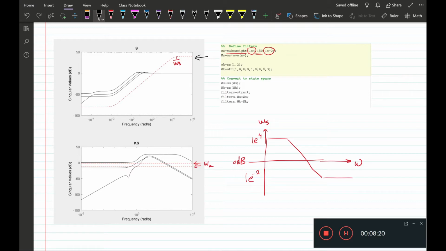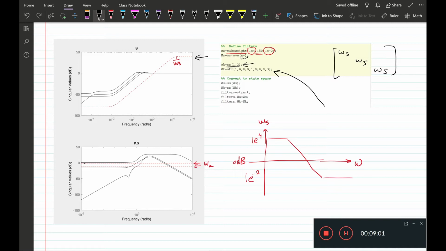Now because we have 3 channels, the output is of size ny, and so is the error. So we have to use a shaping filter in each channel. What we do here is use the same one in all 3 channels, but for the control channel we use a constant shaping filter of 1.2, which is what we see here, 2 straight lines. We have to present this as a state space model, so that's why I have SS of 1.2.